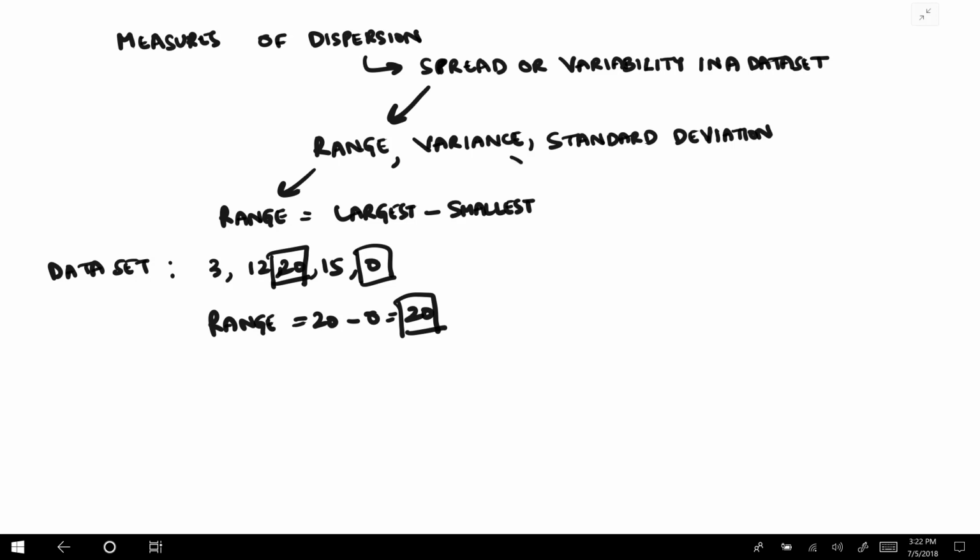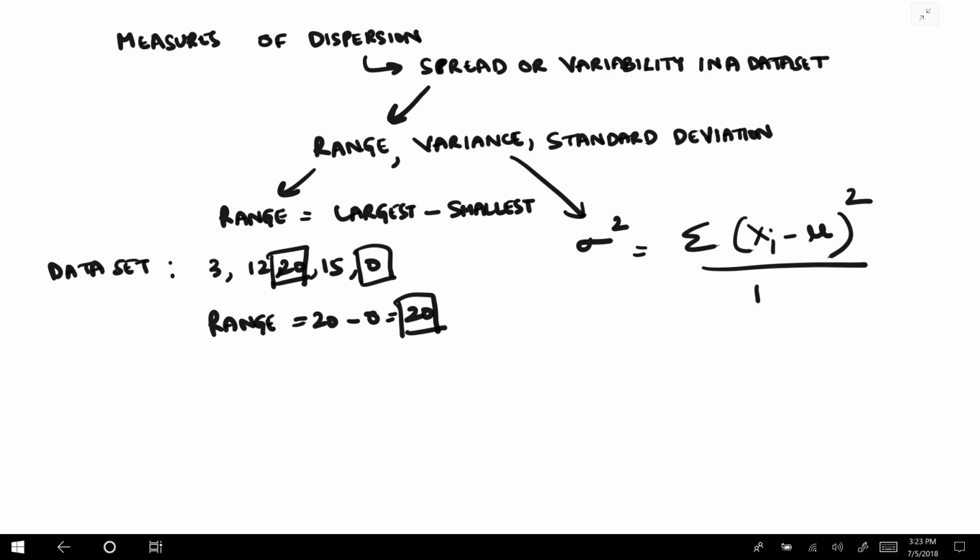So then the other measure is variance, which for population is represented by sigma square. So the formula for variance is summation of xi minus mu, which is population mean, whole square divided by n. So this symbol is summation.